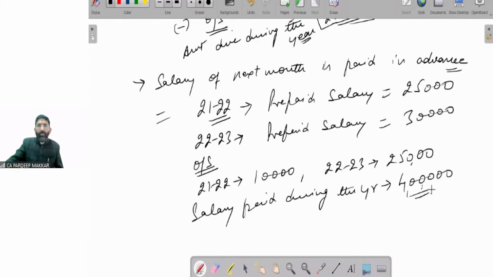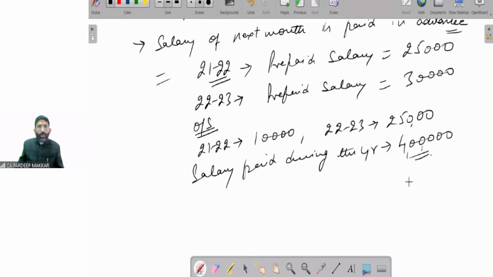Simple way is this. This is a question with you. We have to solve it, beta.